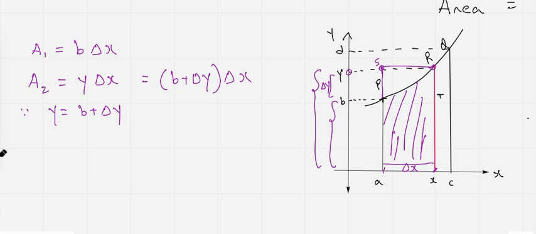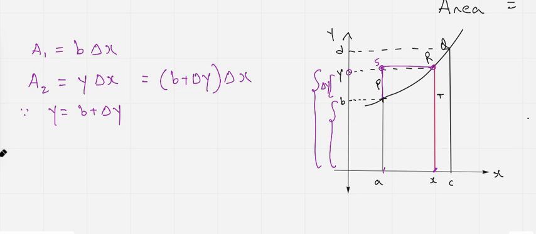Now what we do, we are just going to focus on this big rectangle. So this big rectangle now has the same width, of course, that is del x, and its length is equal to the same thing.